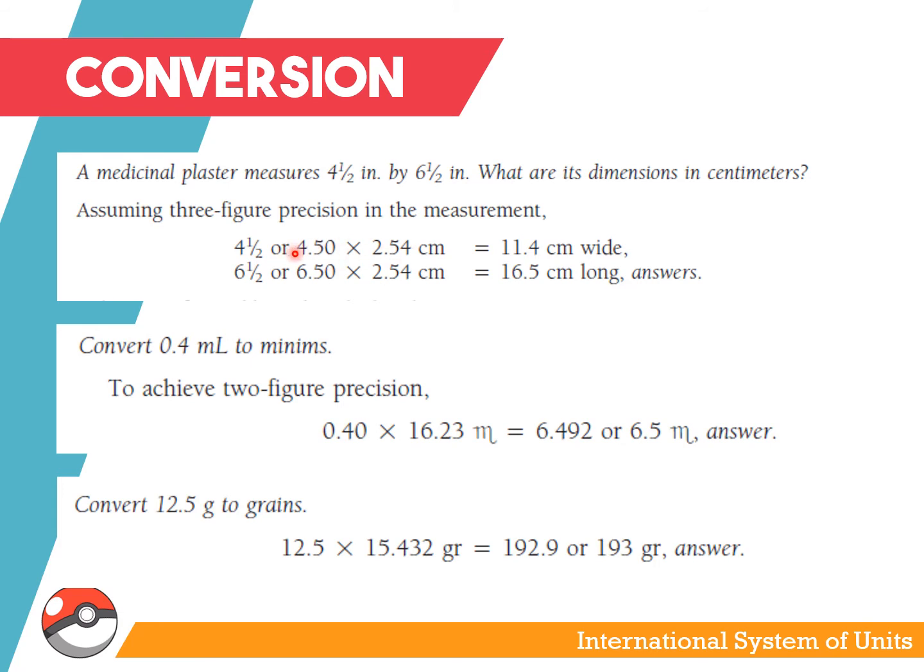Since this is in inches, you can simply multiply the given and the conversion factor, and we will arrive at 11.4 centimeters and 16.5 centimeters. Okay, so try these two. You can take a peek at your conversion factors.